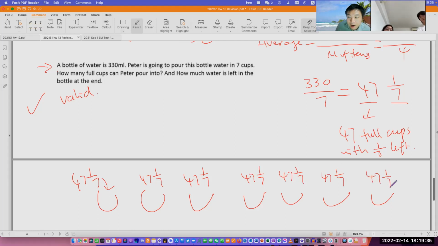Okay, I think it's valid. But the question wants you to find out how many full cups Peter can pour into. So the question wants you to find out, okay, 47, 47, 47, 47, 47, and then how much is left?